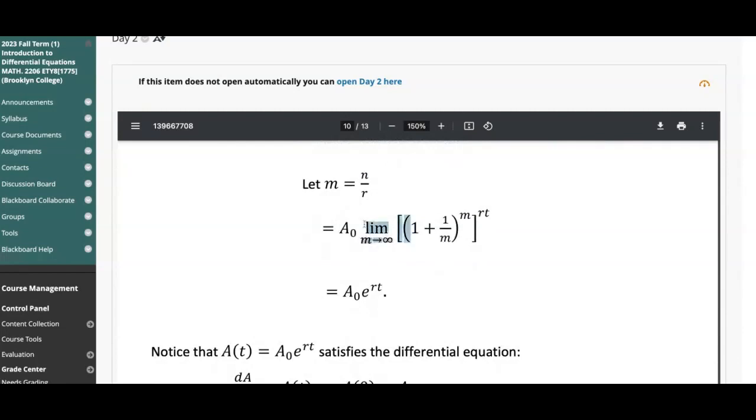So when compounded continuously, we have the initial value multiplied by E raised to RT. Does anyone have any questions?